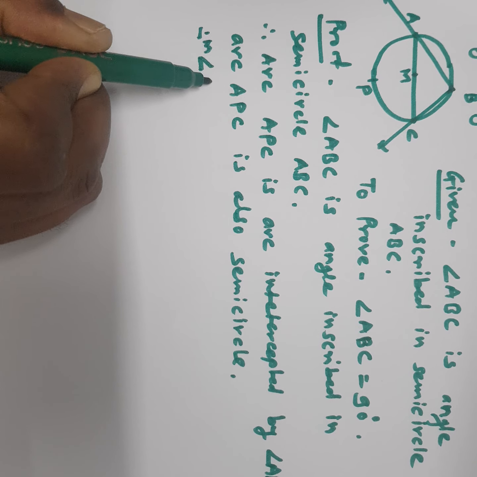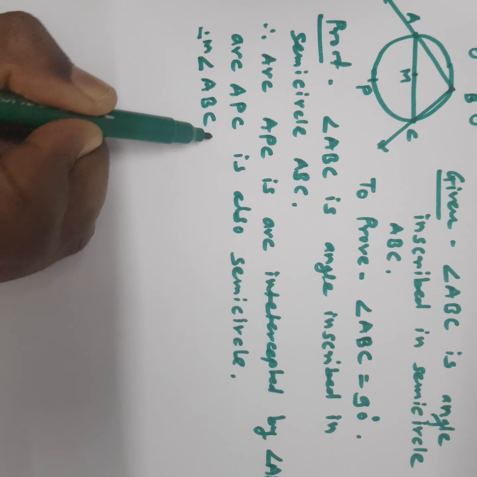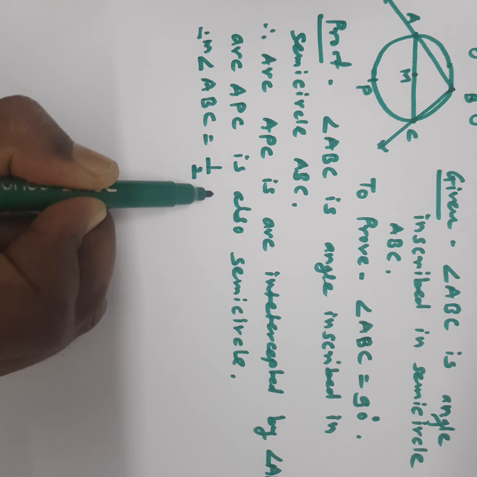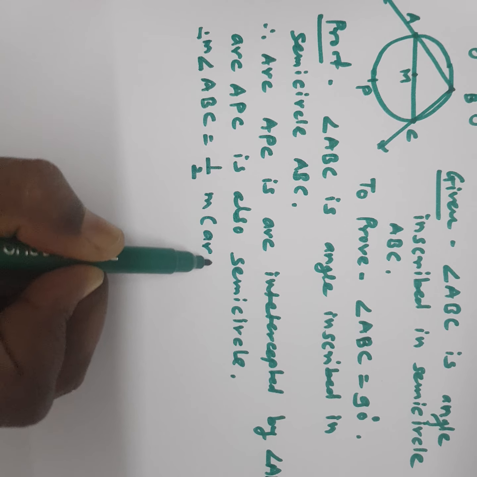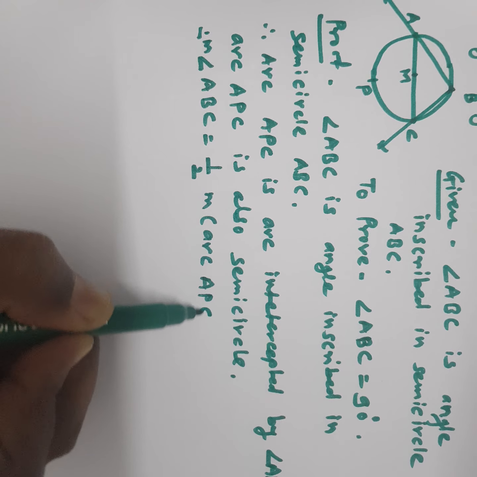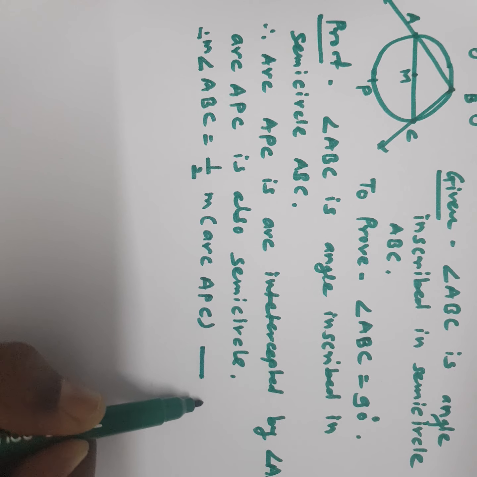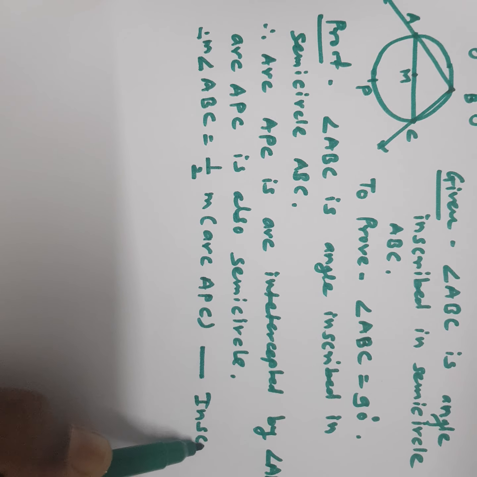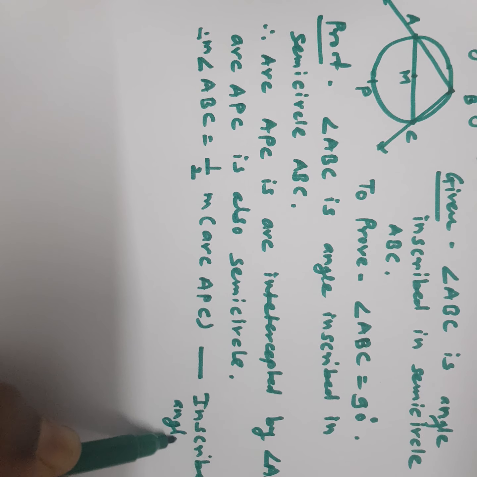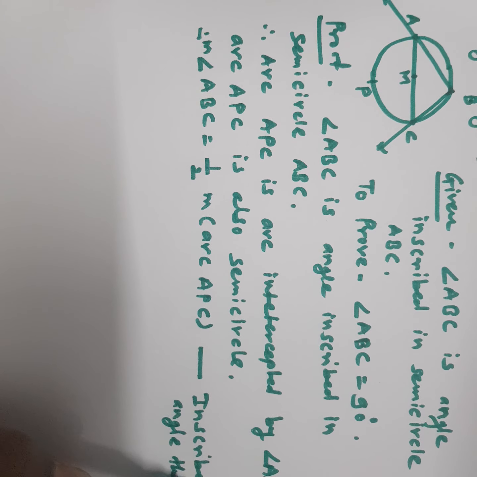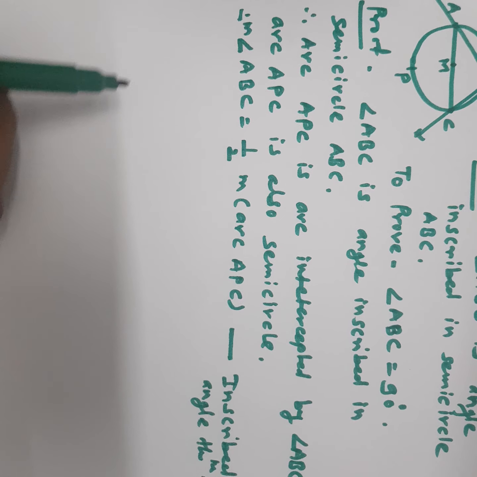Therefore, the measure of angle ABC is equal to 1/2 the measure of arc APC. Why? Inscribed angle theorem.